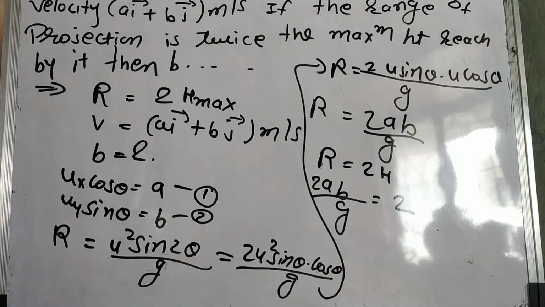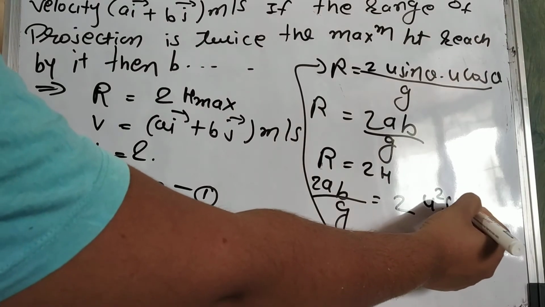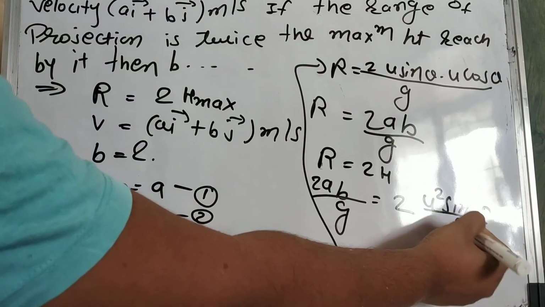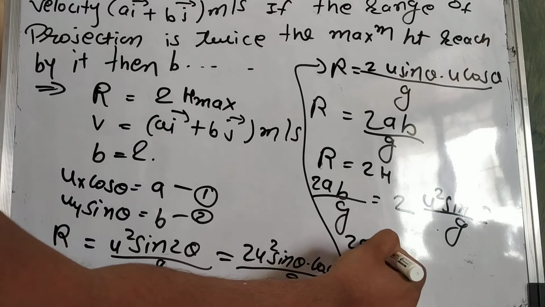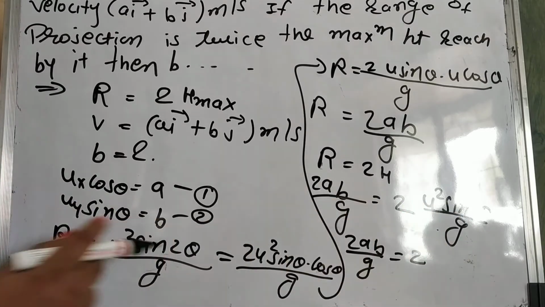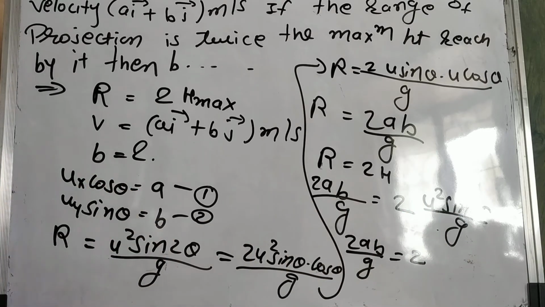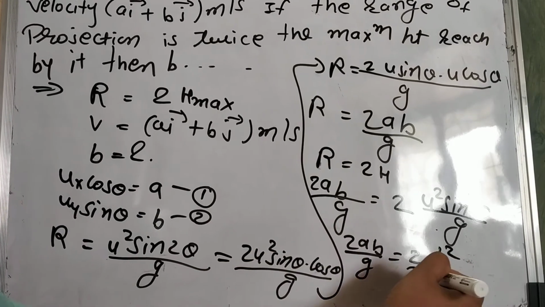Okay, what is the formula for H? H is equal to u square sin square theta divided by 2g. This can be written as 2ab divided by g is equal to 2 times u sin theta, which is nothing but b, squared, divided by 2g.